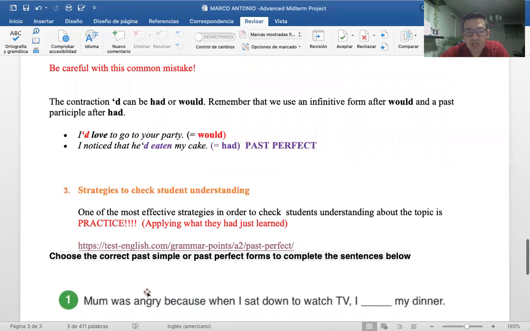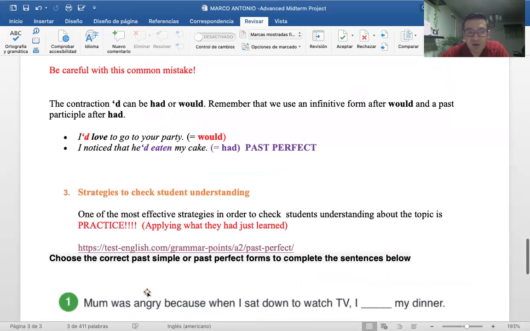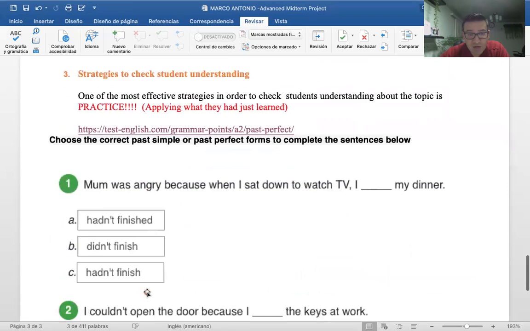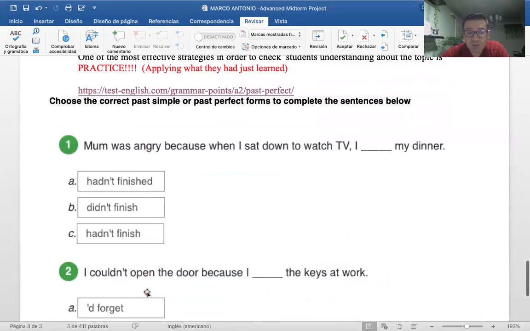Strategies to check students' understanding. Of course, the most effective is to make exercises to check the students' understanding, and they have the chance to apply what they have just learned. Here, I have selected 2 examples with multiple choice. For example, my mom was angry when I sat down to watch TV, right?